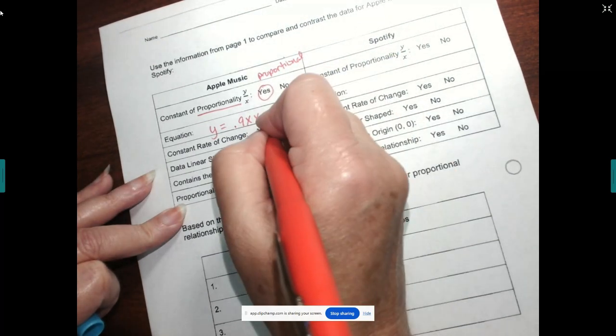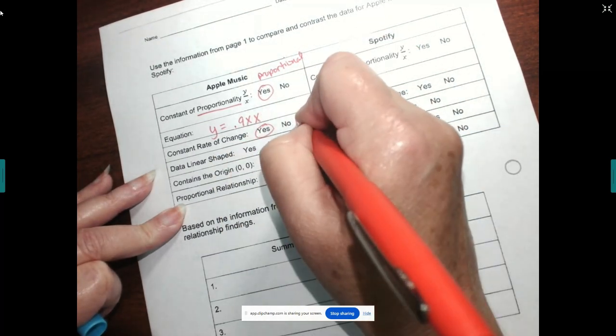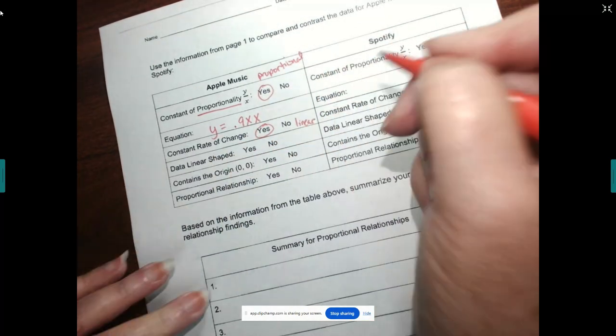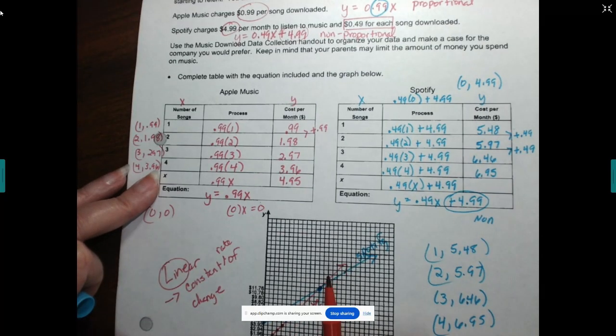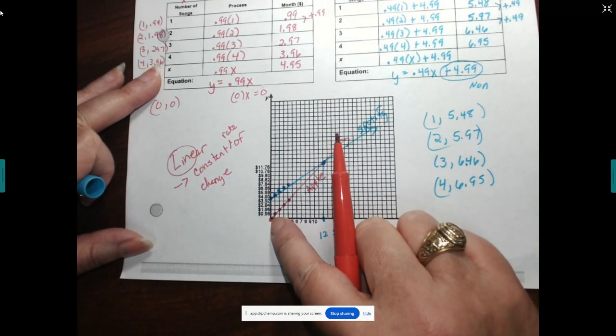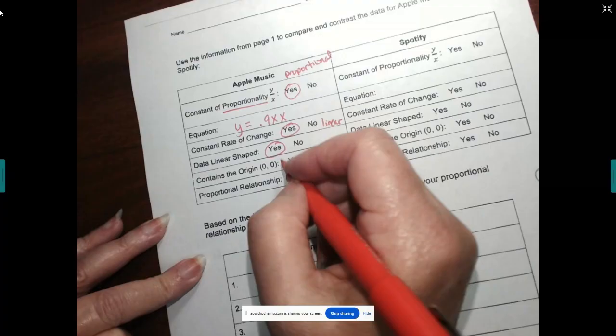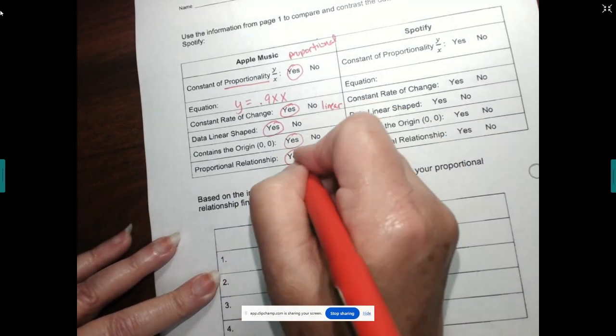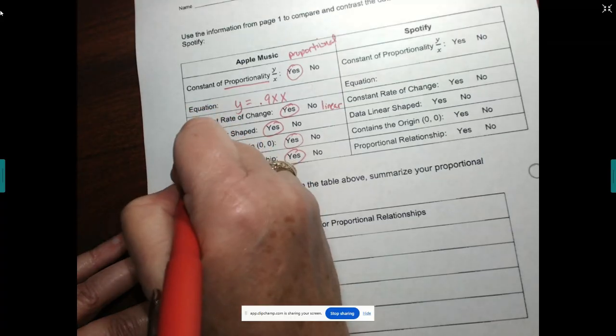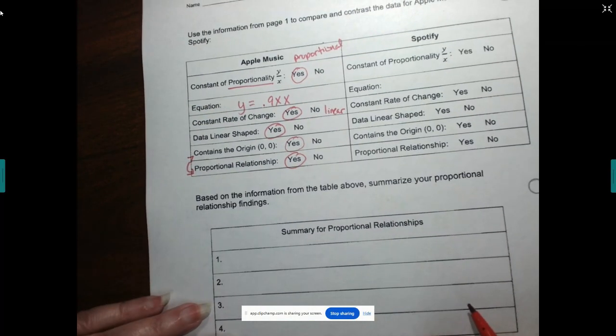So does it have a constant rate of change? Yes, it does, because it's linear. Is it linear? Yes. Does it contain the origin? Did Apple Music go through the origin? Yes, it did. Is it proportional? Yes, because it went through the origin. These kind of go together.